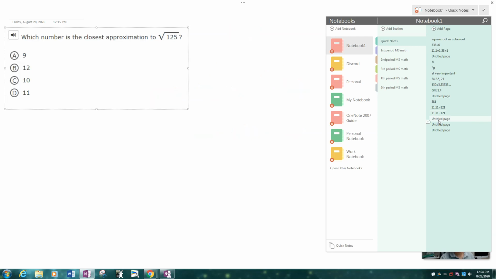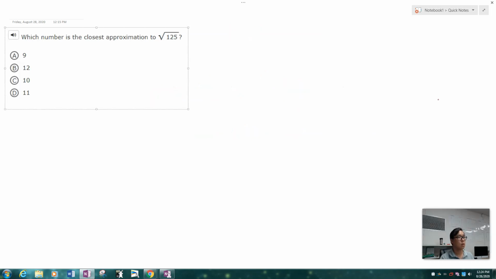Here we go, 125. So we're going to find the square root of 125. Let's see. 11 times 11 was 121, and 12 times 12 was 144. I think 125 is in between these two numbers.